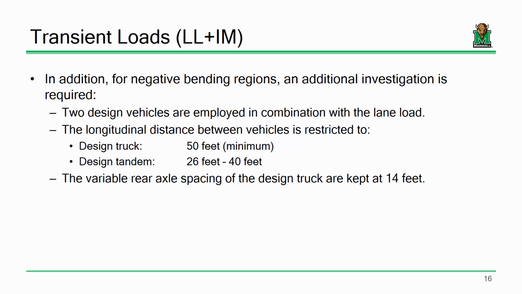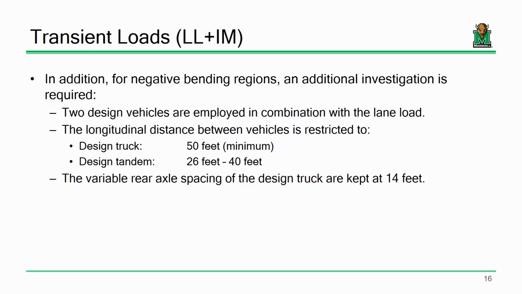There are some instances where it falls short, and specifically those are around negative bending regions. Remember, if you have a two-span bridge, those end and middle spans are smiley face, but then around the pier we have frowny face, negative bending region. The one place that this load model falls a little short is around those negative bending regions. It's just not quite enough load there.